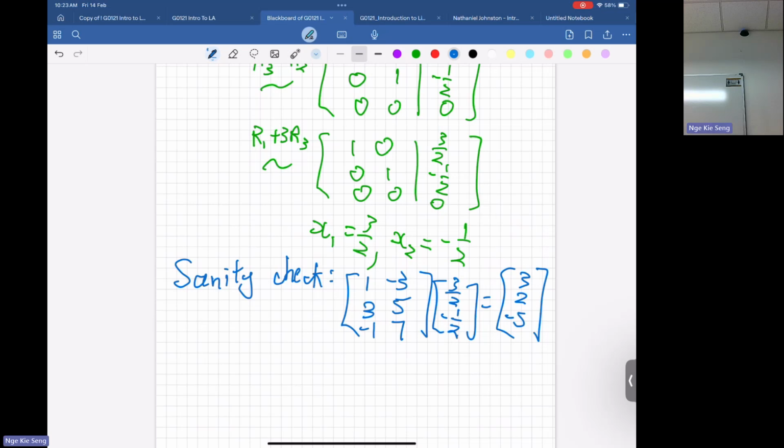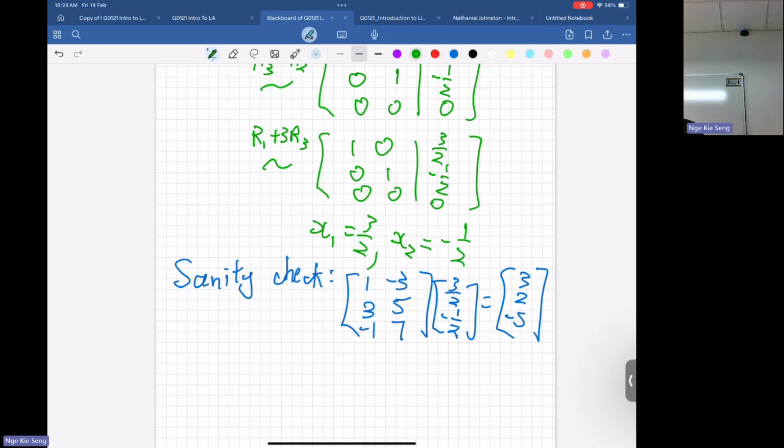You will have a free variable. Yes, you will have a free variable. Because why is it free? Because you are free to choose any number such that it works. So in this case here, everything is already fixed. x1 only one choice, x2 only one choice, and these two choices make up only one choice. Unless you have a free variable, very good.